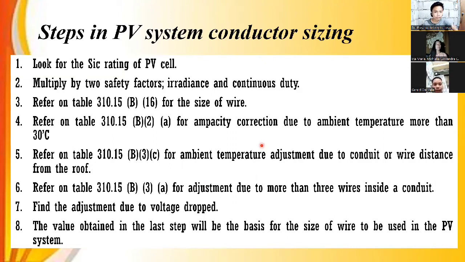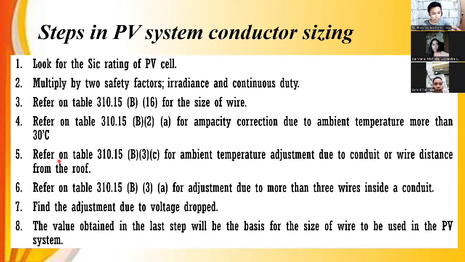So, the steps in PV system conductor sizing. Number 1 is look for the Isc rating of the PV cell. Number 2, multiply that by 2 safety factors for continuous duty. Number 3, refer to table 310.15 B16 for the size of wire. Number 4, refer to table 310.15 B2A for ampacity correction due to ambient temperature more than 30 degrees Celsius.